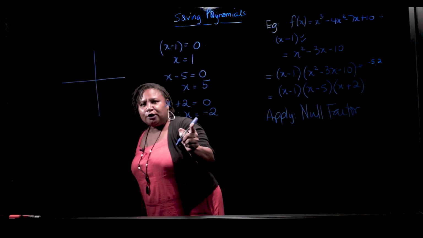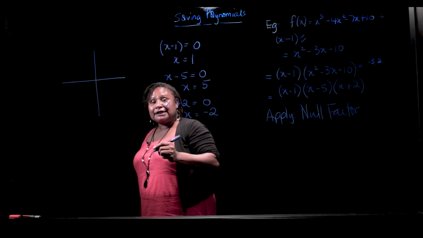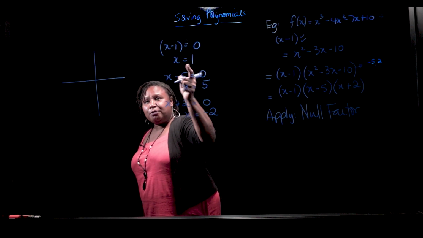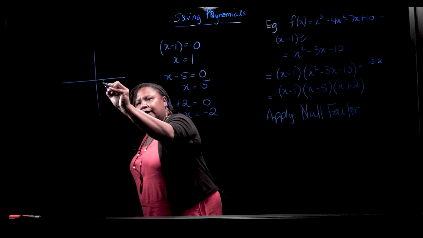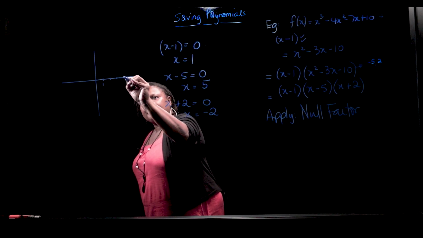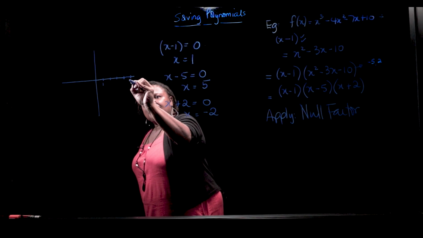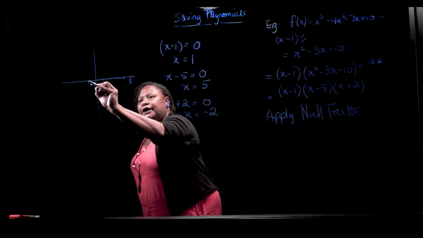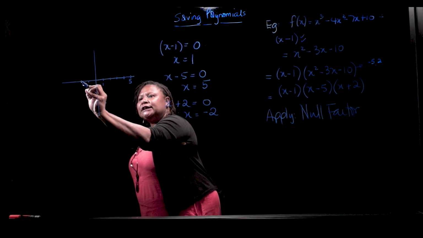Remember, the value of x is the x-intercept of the graph. So we have one intercept at positive 1, another intercept at positive 5, and one intercept at negative 2.